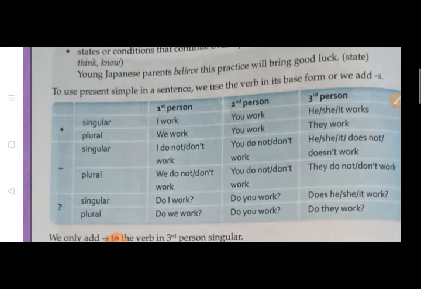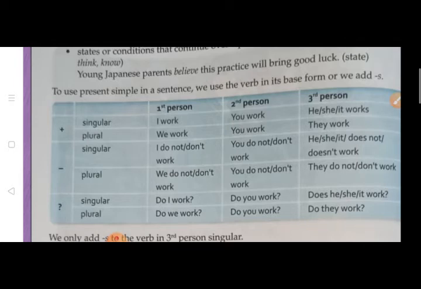So students, here you can see that we have again used does along with the third person singular. Now when we make a plural question for first person, we write do we work. For the second person, we write do you work. And for the third person plural, we write do they work.